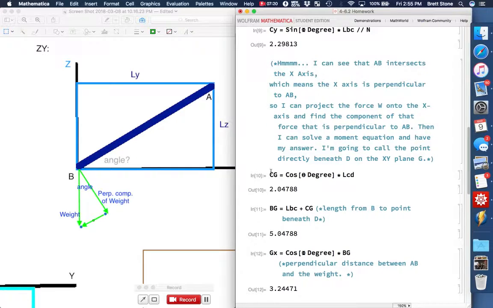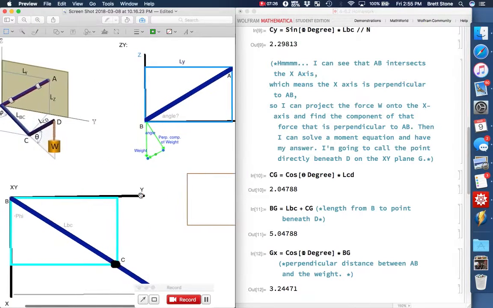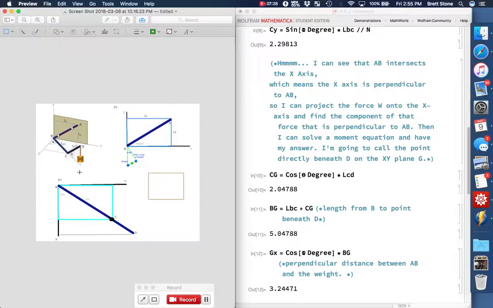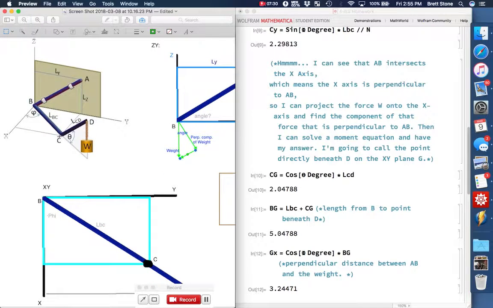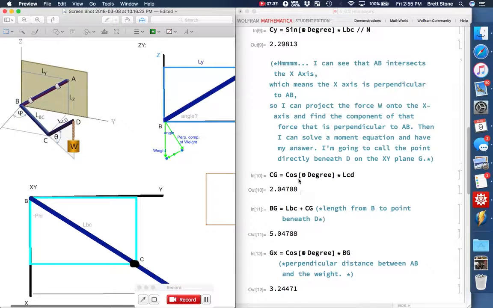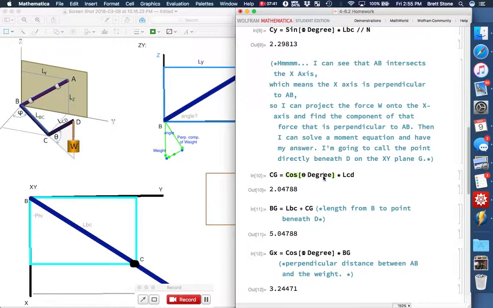and say, all right, CG, which is, let me zoom out over here, CG, which is really just this distance from C along this part to right under point D, is cosine of theta in degrees, not in radians, times LCD. And that gives it to me there.